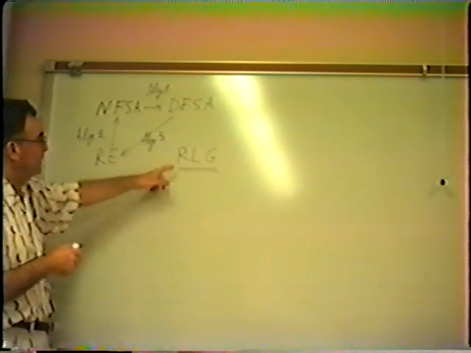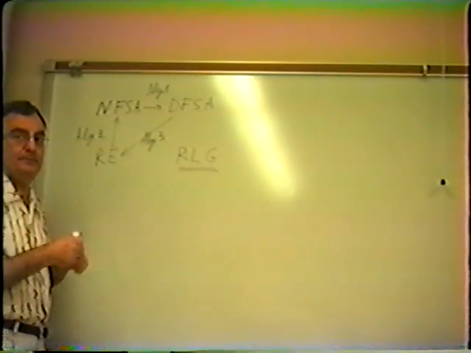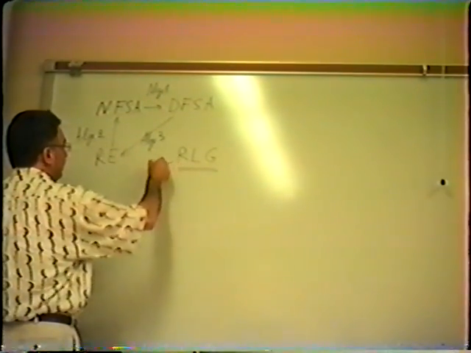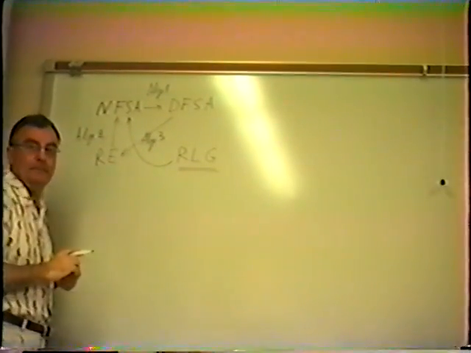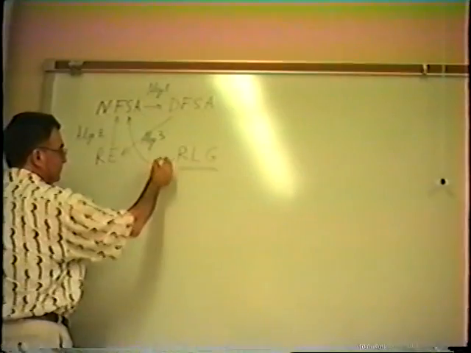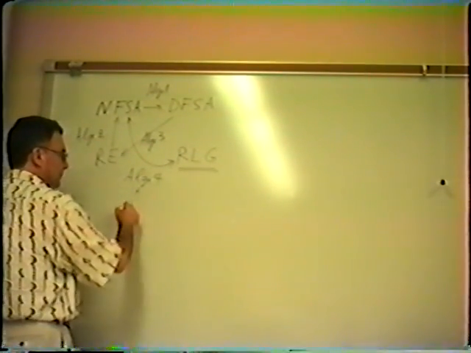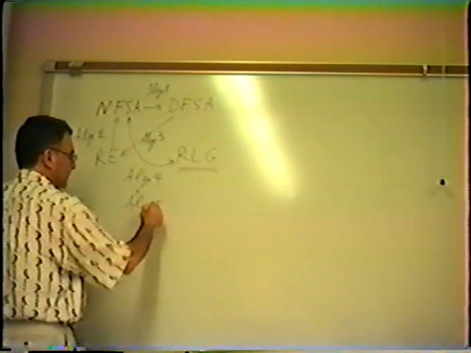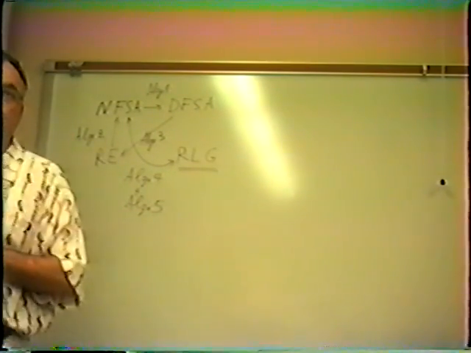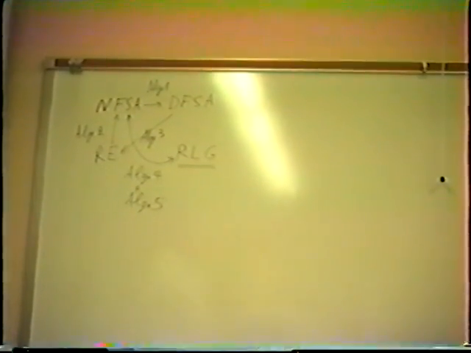There is an algorithm to take a right linear grammar and build an automaton out of it, or take an automaton and build a grammar for it. Right? So we'll do those three algorithms.